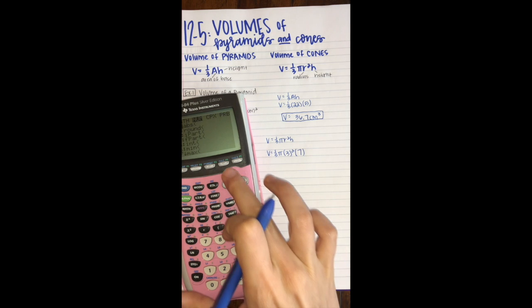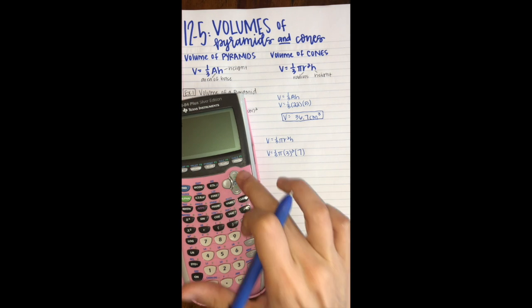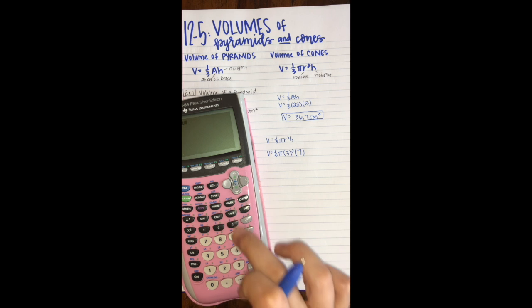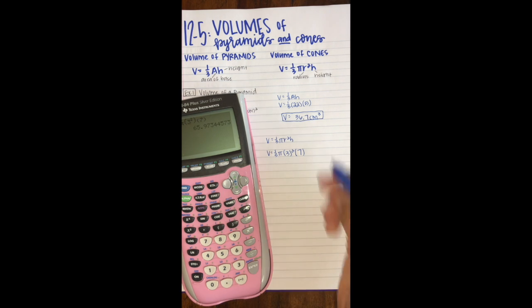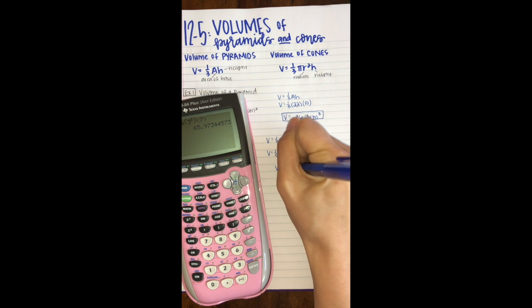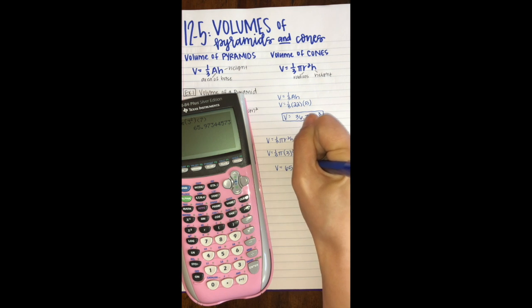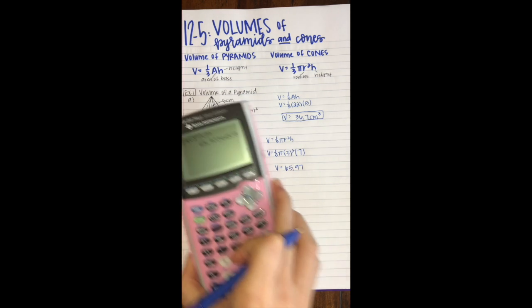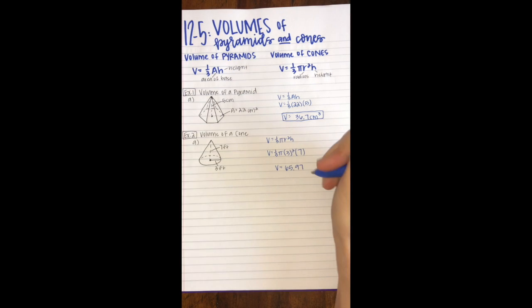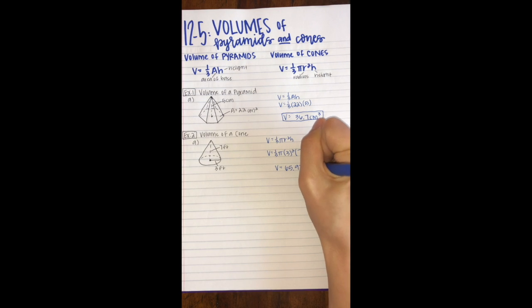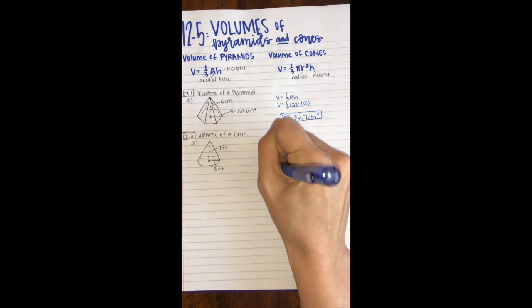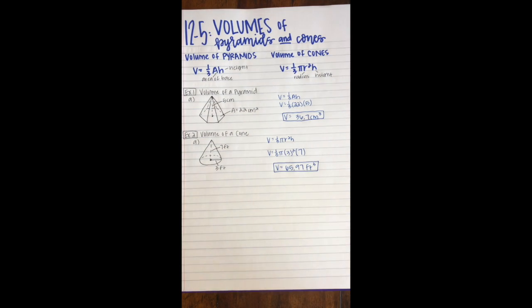So again, I'm going to go ahead and get a fraction. 1/3 times pi times 3 squared times 7. And for volume, we get 65 point, I'm going to do 97. You actually could round this up to 66.0 if you'd like. I'm going with 65.97, and this is feet cubed. So the volume of our cone is 65.97 feet cubed.